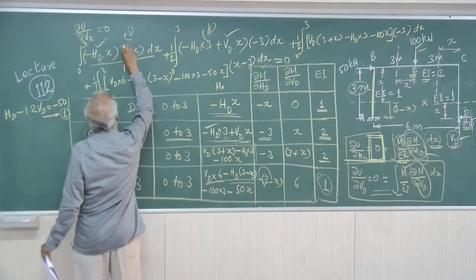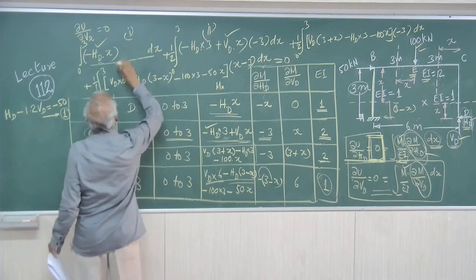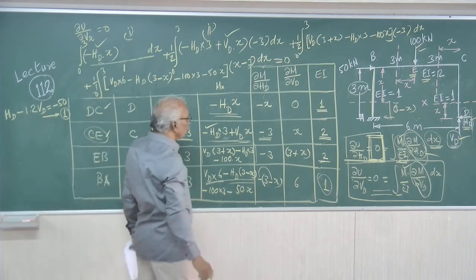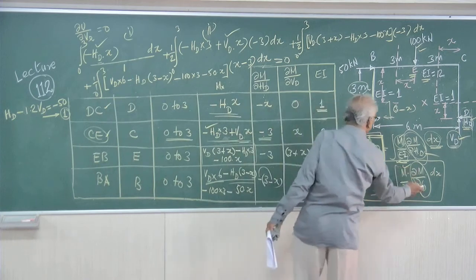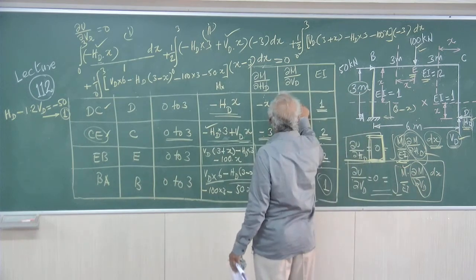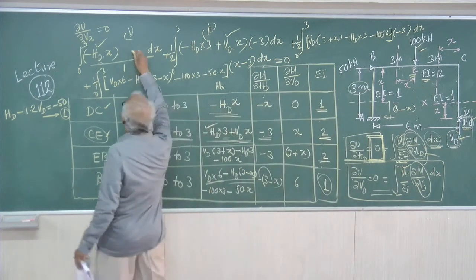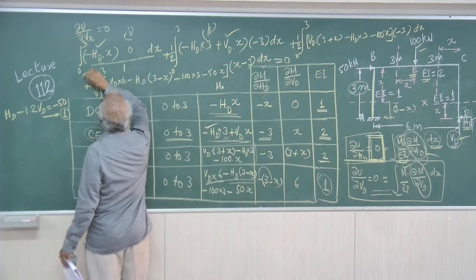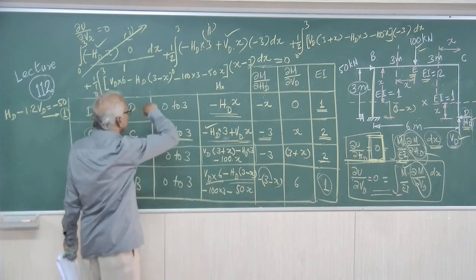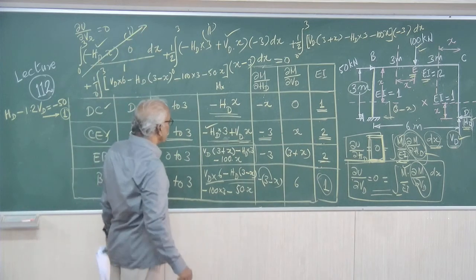Now, this will become m into dou m by dou Vd. Dou m by dou Vd for the first one is 0. So, this will get cancelled.